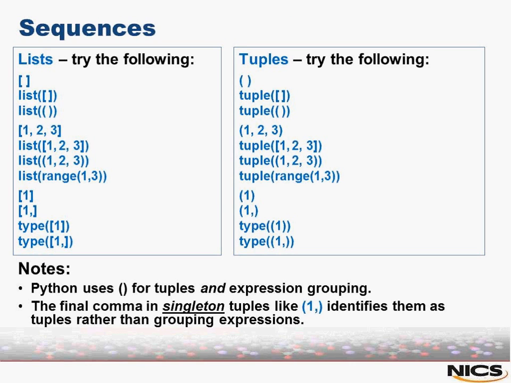I'd like you to try typing something and seeing what it gives you. The delimiters are square brackets and parentheses for tuples, and curly brackets. No, those are curly brackets. Parentheses and square brackets. Okay. Apologies, parentheses and square brackets.